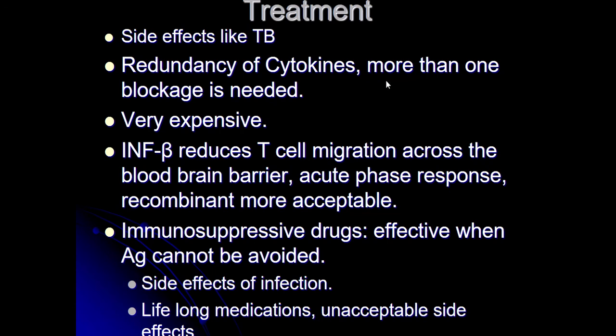We are afraid of this redundancy: more than one blockage is needed. Just more than one cytokine is involved, and you need more than one blockage. So it sometimes becomes so difficult to get rid of all of these cytokines at once.